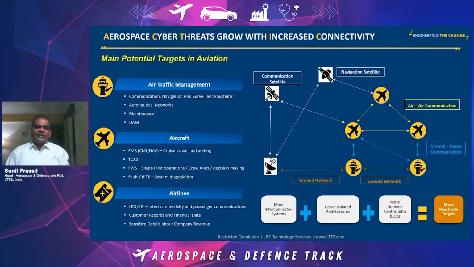In an overall aircraft, there is communication happening from satellite, communication from the ground network, and also interfaces with air-to-air communication. And then you have the ground network where the airline gateway comes in and a lot of data gets connected. So there are more and more interconnected systems.